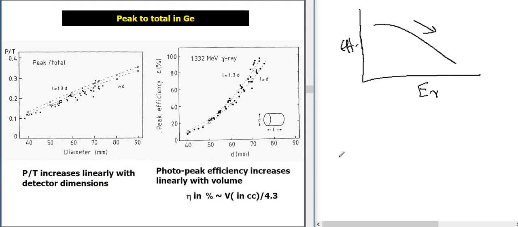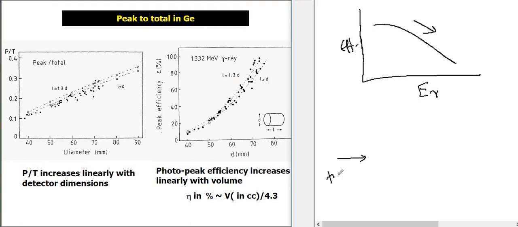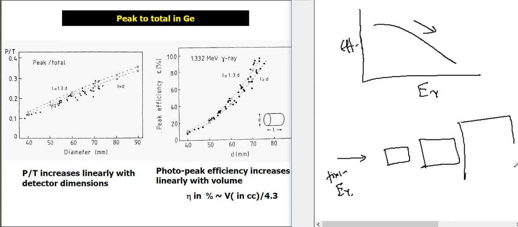So the basic idea is I am fixing the gamma ray energy and slowly increasing the detector size. Keeping the length fixed, the gamma interaction volume, which previously was here, will now be contained within this, and as a result, the peak efficiency will keep on increasing, right? So this is the explanation.